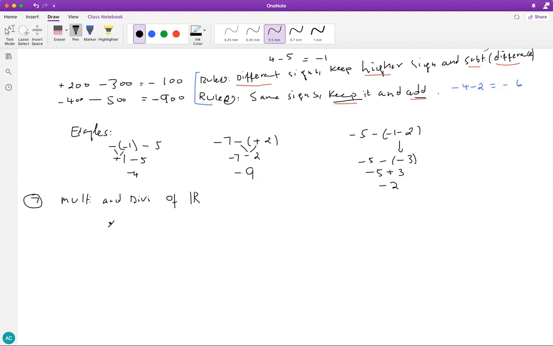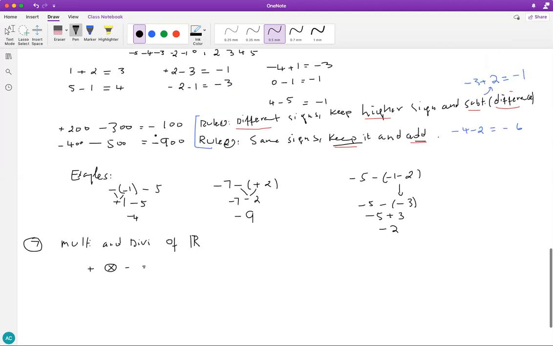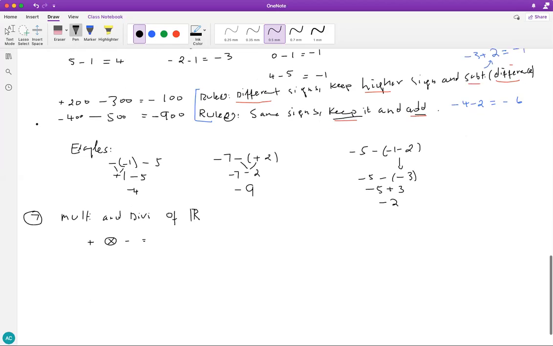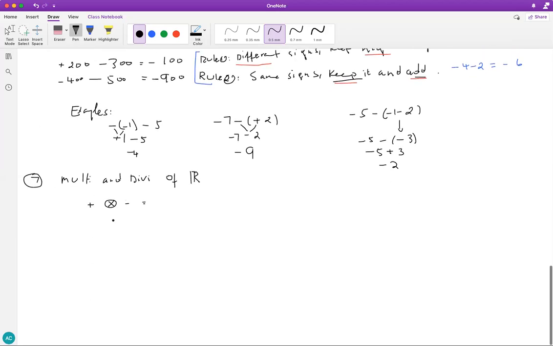When you multiply two different signs, a plus and a minus, the sign will always be, when you multiply a positive and a negative, the result or the sign will always be... So we're done with addition, don't think about this, that's done. Now we're thinking about multiplication. Or in other words, when you times a negative and a negative, what do you get?